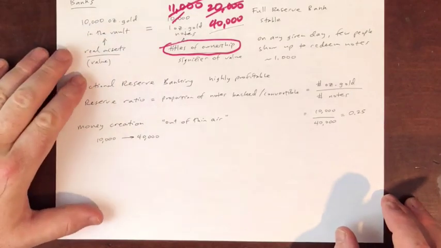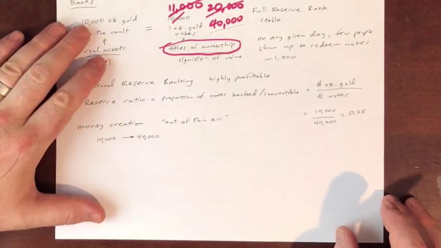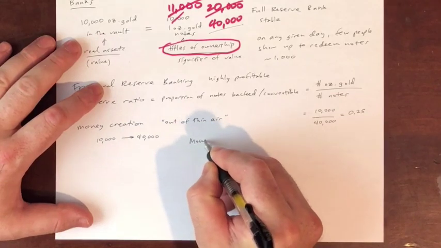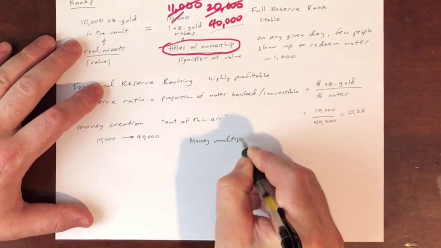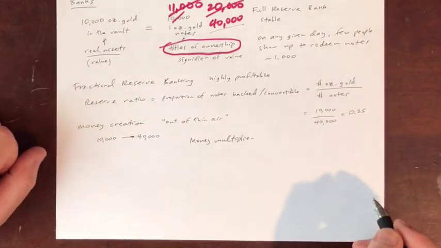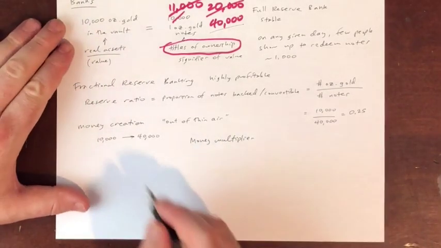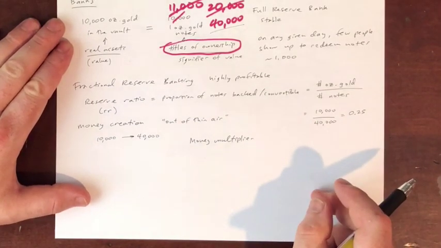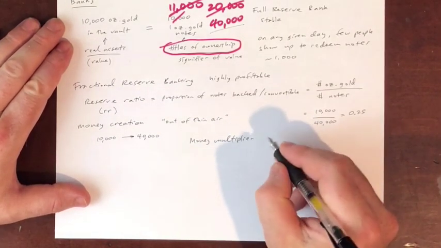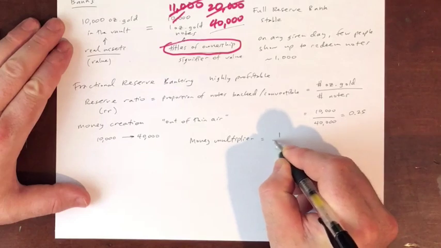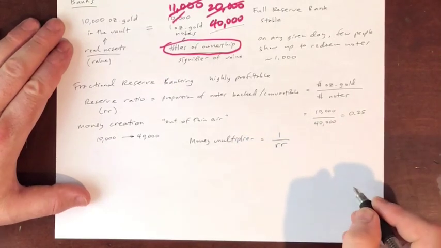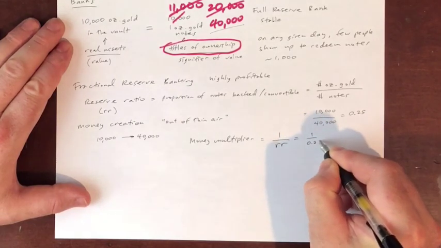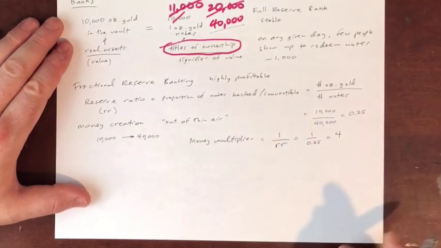Okay, so the way this works is we create a concept known as the money multiplier. We're going to call the reserve ratio little r, and we're going to define the money multiplier as the inverse of that: 1 over the reserve ratio. So 1 over 0.25 gives us 4.